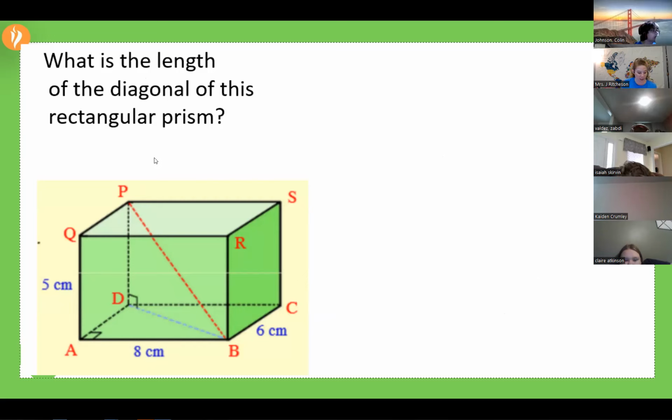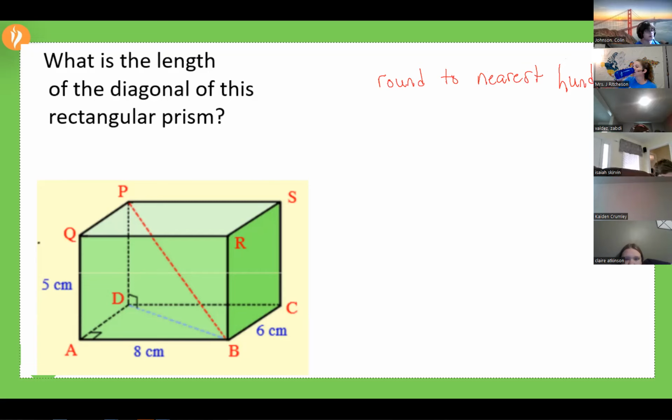Oh, it's not a perfect square, so we're going to round it. Let's round it to the nearest hundredths. Go out to the second decimal place, not hundreds.